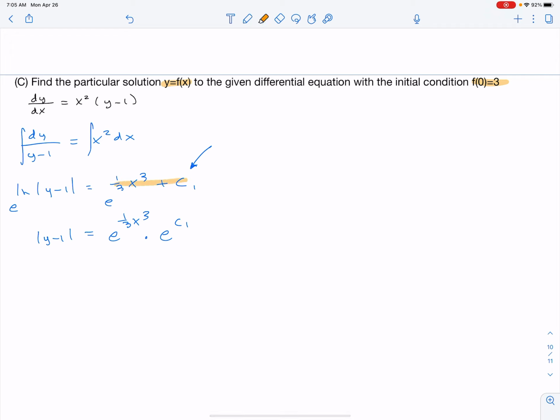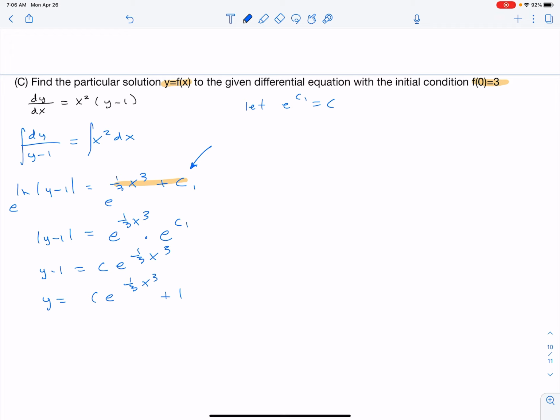Just emphasizing this was all an exponent. Continuing here, I'm going to let e to the c1 equal c. So I get y minus 1 equals c e to the 1/3 x cubed. So y equals c e to the 1/3 x cubed plus 1.